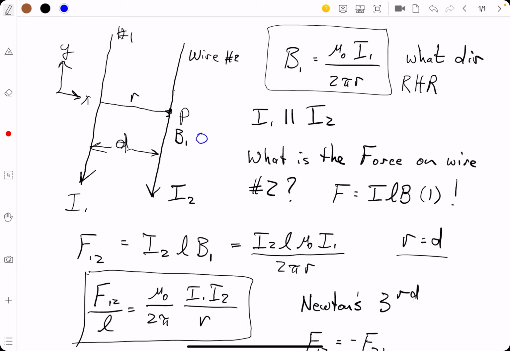So B1 is sticking out of the page, and if that's X, Y, and Z, it's actually positive K hat. That's our B field.